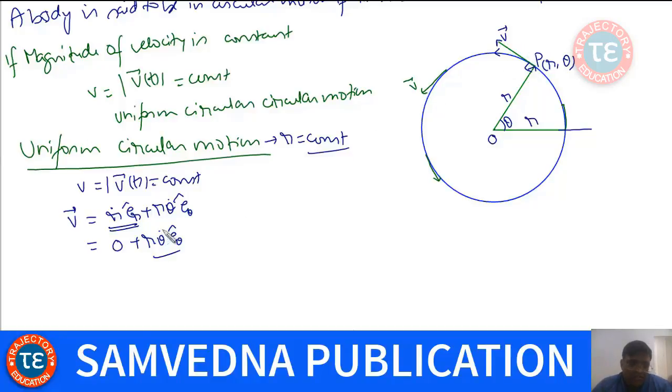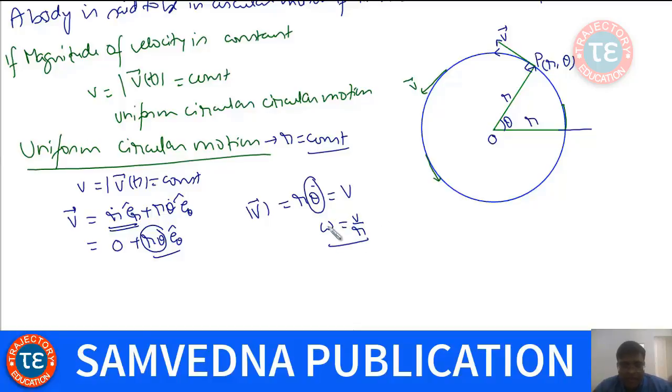The speed v is r theta dot, and theta dot is called the angular velocity. So omega can be written as v by r.